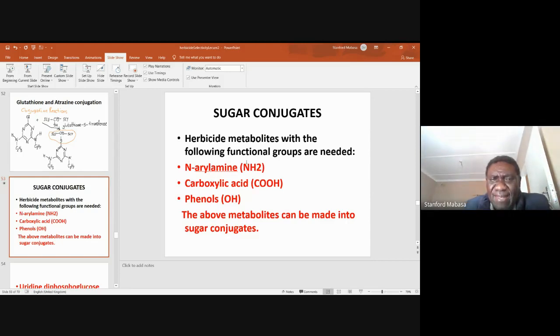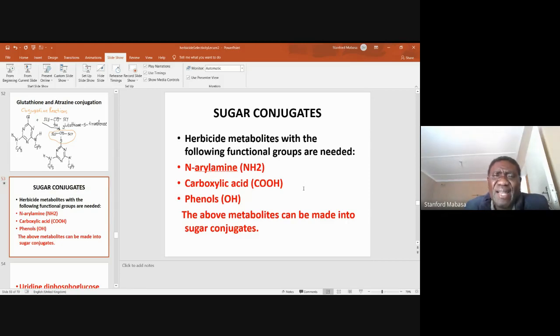Such products of cytochrome P450 activity in phase 1 will be further acted upon by sugar molecules to further change them into other things.